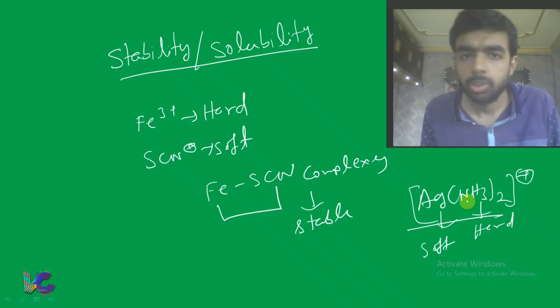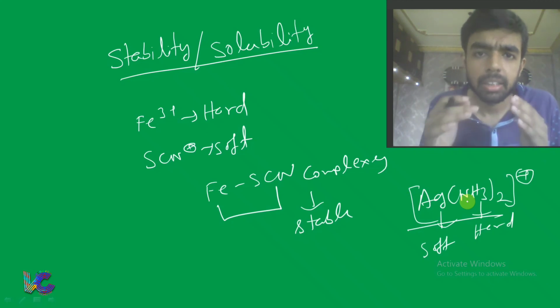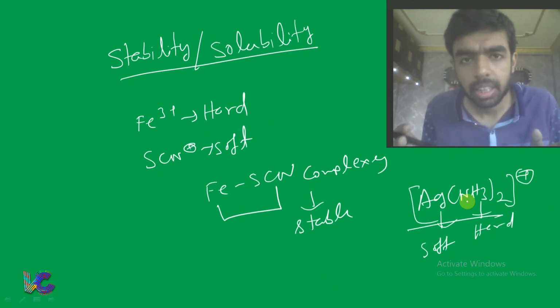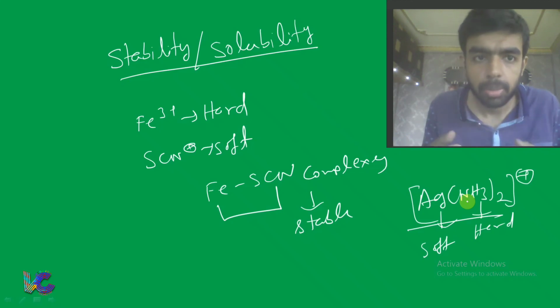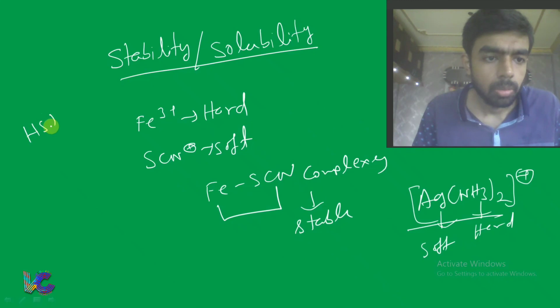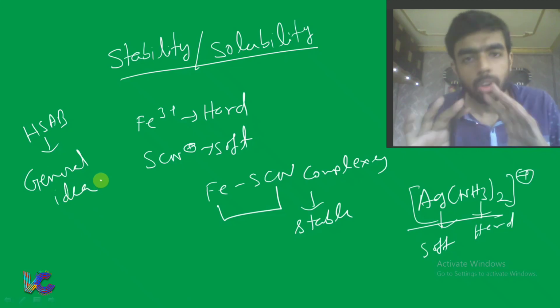Okay, so you can understand that yes, it is helpful in predicting the stability of the coordination complex and the solubility pattern, but it is a very general idea and it is not foolproof.